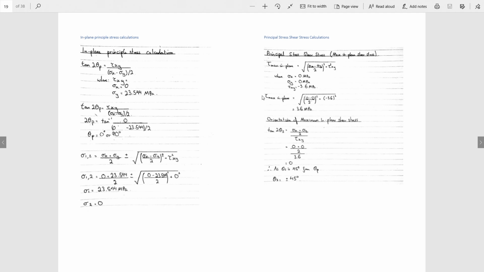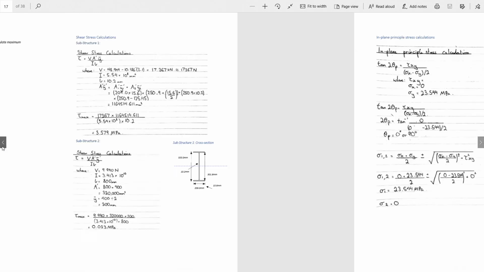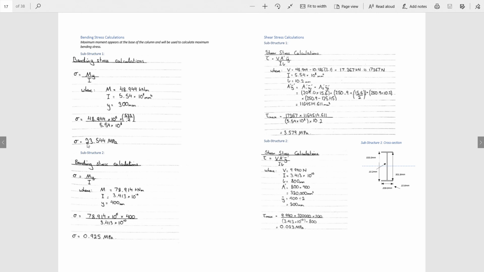Right, to finish it off, the principal stress, shear stress calculations. What a mouthful. The max in-plane shear stress, in other words. So we're taking our stress about X, stress about Y is 0, and in this case we're taking our max stress here, and we're using substructure 1, because even though if we went back to the start, they'd want us to use substructure 2, substructure 1 clearly has more action going on.